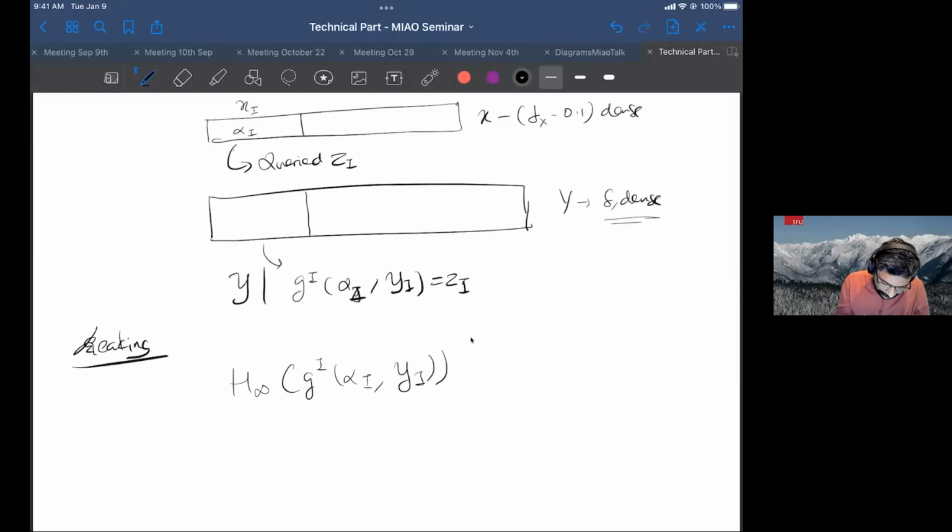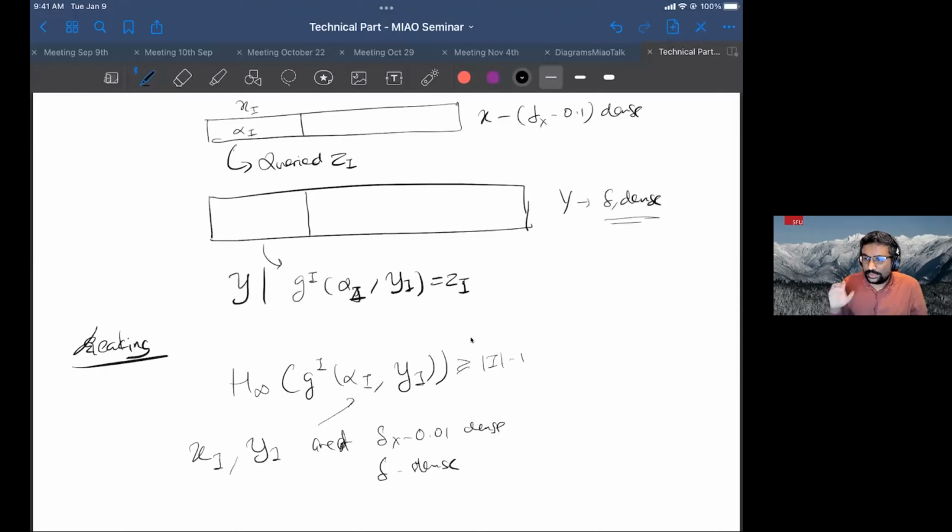So just by using that xi and yi are delta x minus 0.1 tens and delta tens, we get that for most xi, this would be at least I minus 1, for some calculations. So it would have min entropy approximately I.